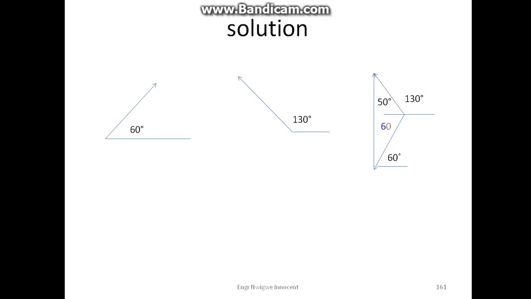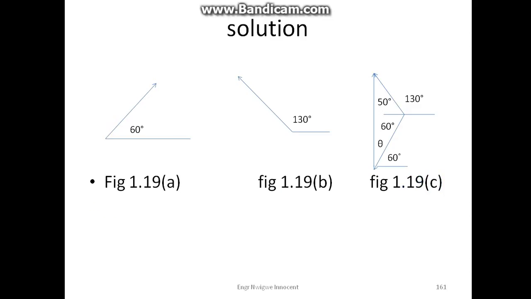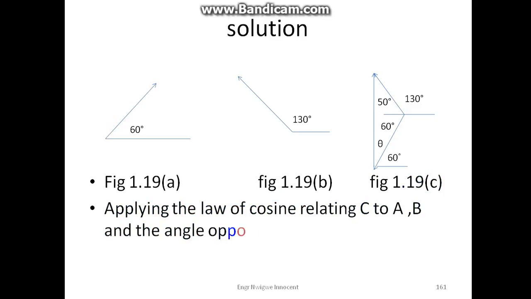Then the resultant will be from where the vector started, which is at 60 degrees on the Cartesian coordinate, to where the vector ends at 6 meters.